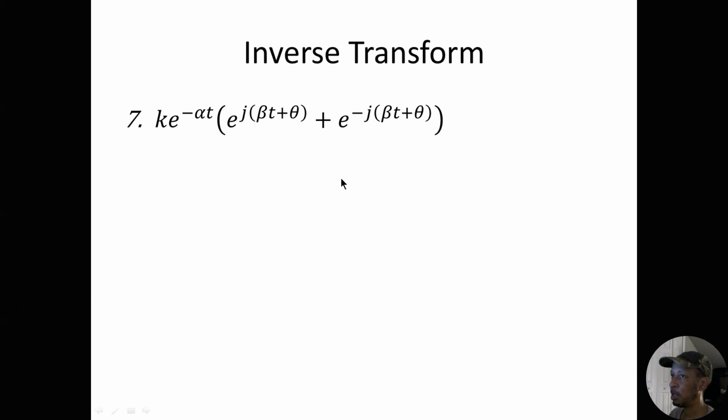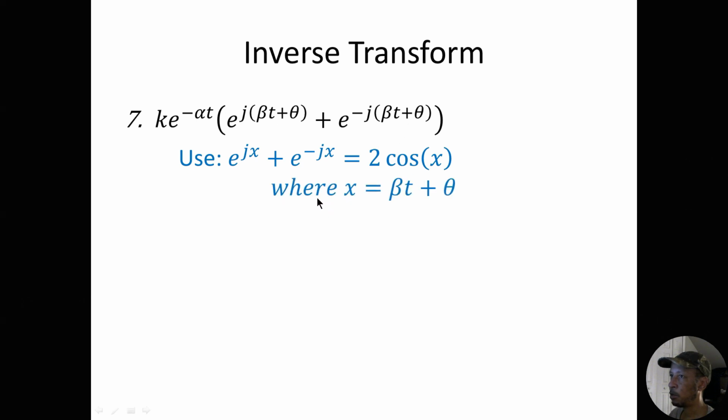Using the expression that I derived a couple of slides back, I'm going to use e to the jx plus e to the negative jx equals 2 cosine of x in place of what we have here. The substitution is that x equals beta times t plus theta.